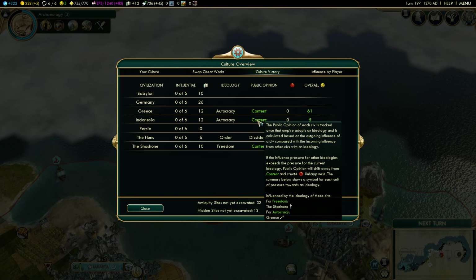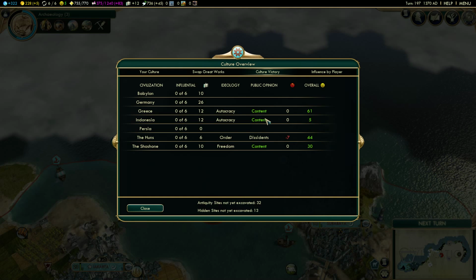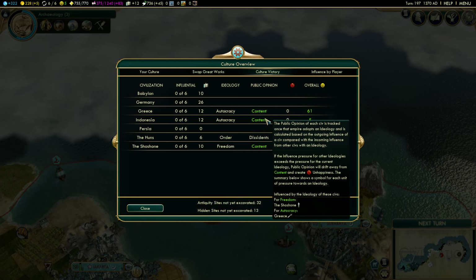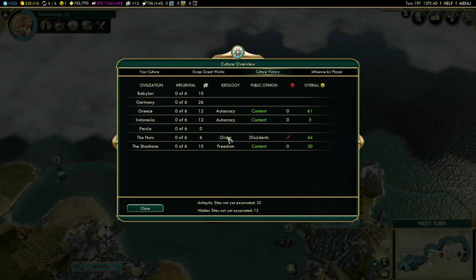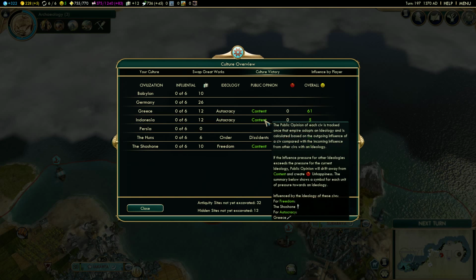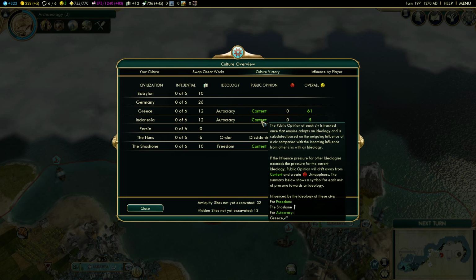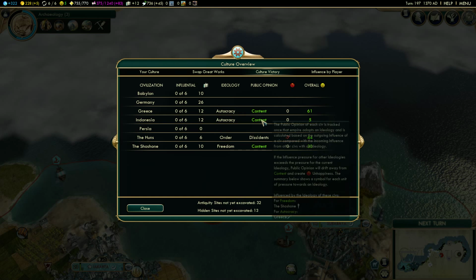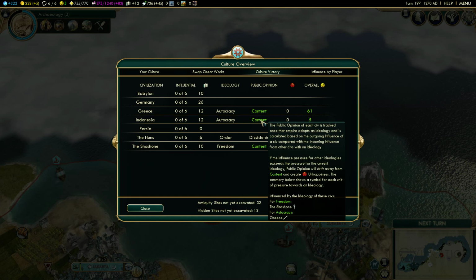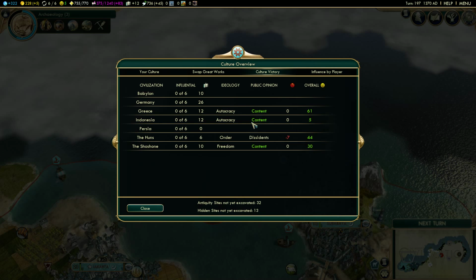I think the torch stands for freedom, the sword for autocracy, and the hammer is for order. Though I could be mistaken, but I think that's how it is. And you always have to see how the balance between them is, which can get out of hand really quickly. Because it also cascades.